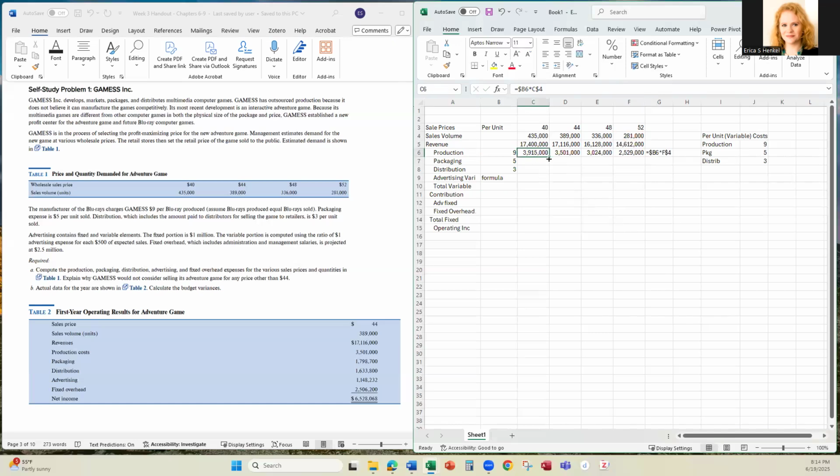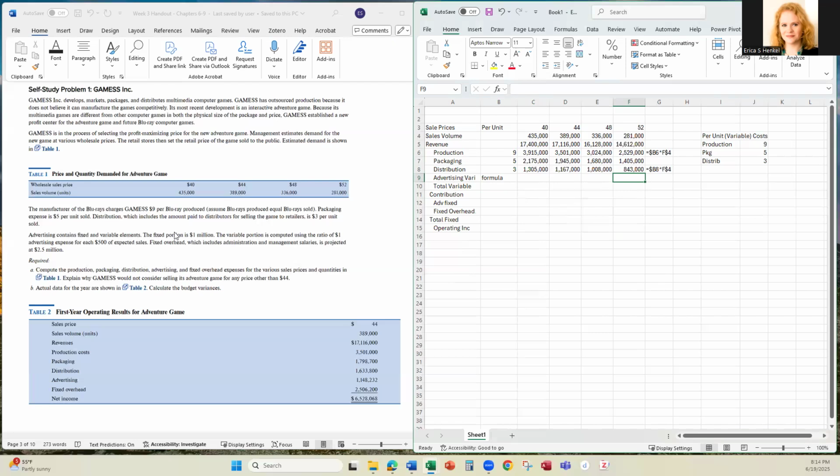Now because of the way I did this, I should be able to drag that down. Yep. And yep. So then I can drag it over. And so when I look at that, it's going to be doing that, right? So taking the volume times that row's expense per unit. Okay, so I've got that.